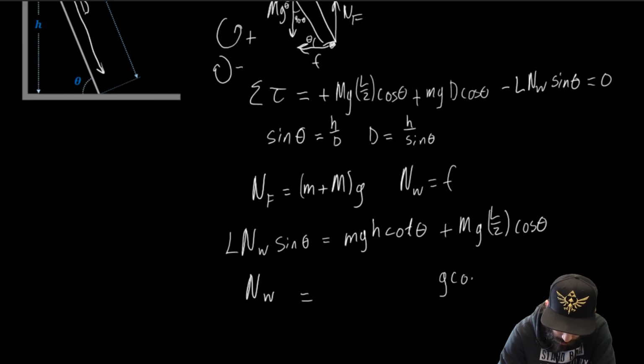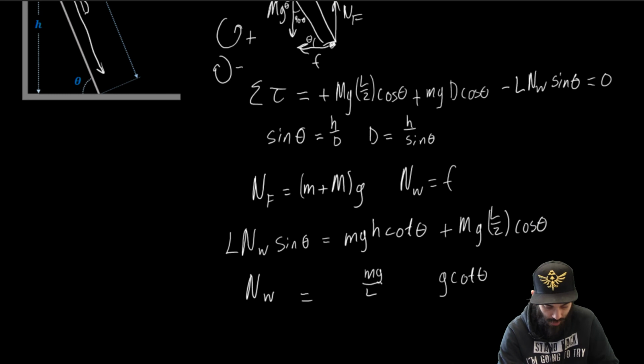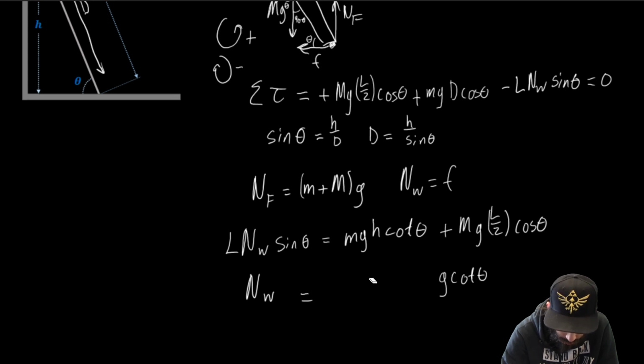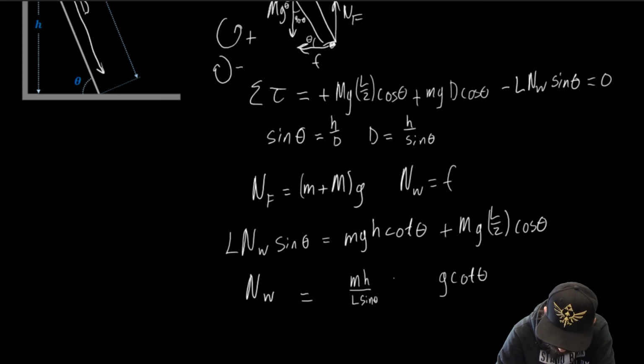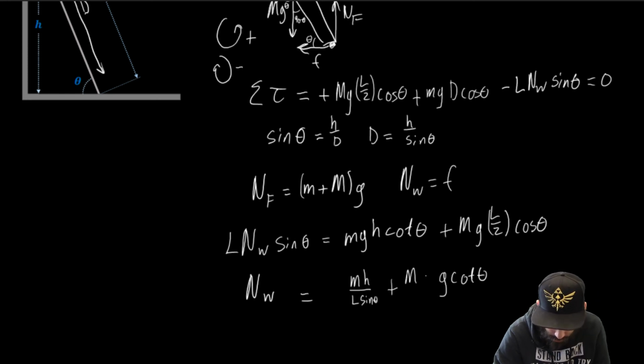This is going to be lowercase m times h divided by L sine of theta, plus capital M divided by 2. I already have my g on the outside.